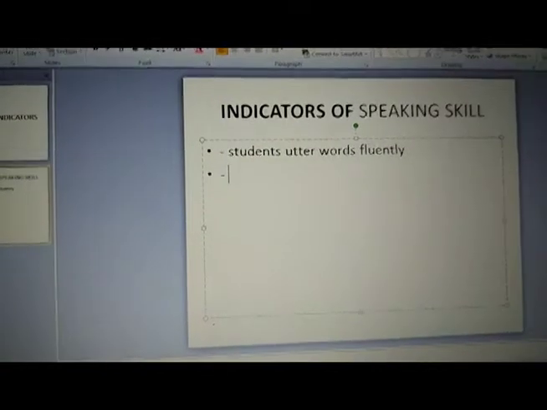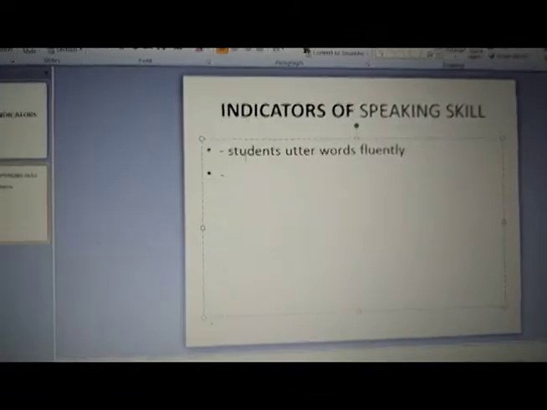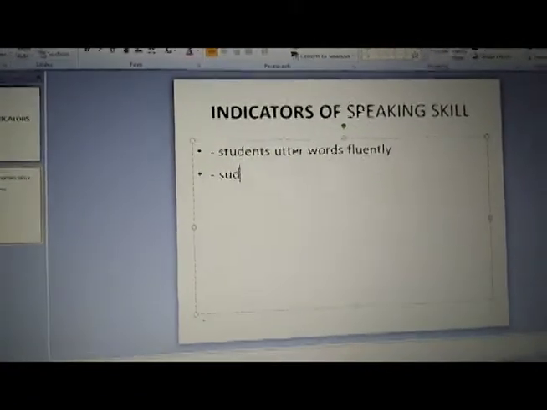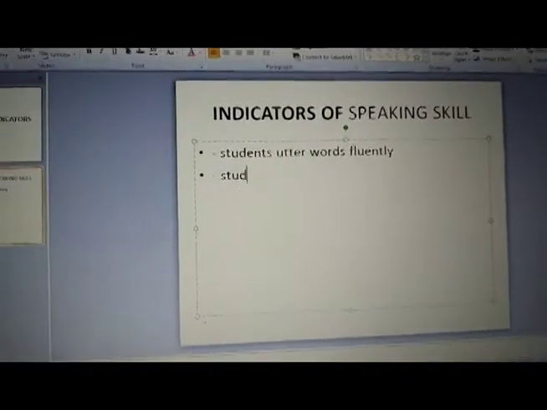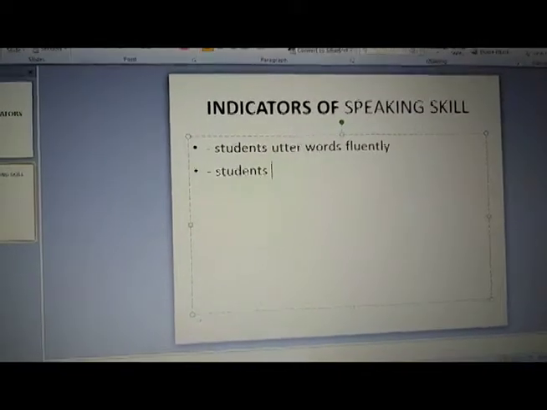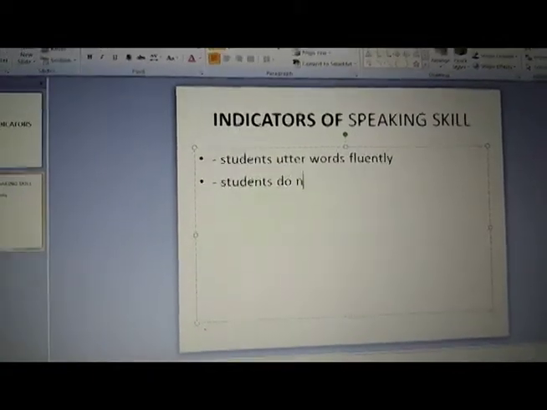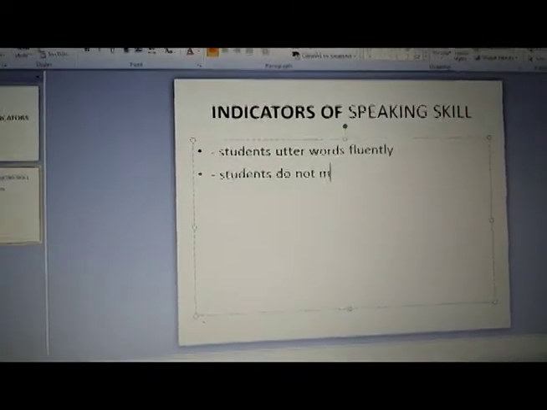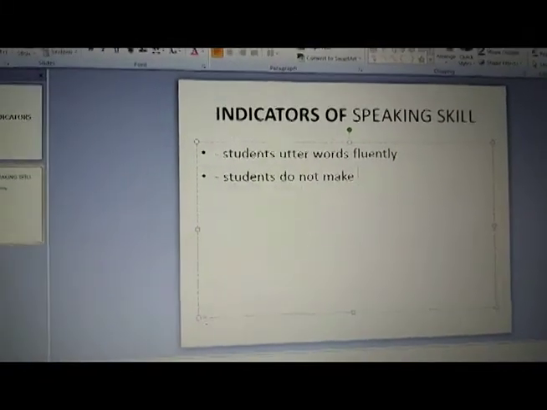This is the example of indicators of speaking skill. Students utter words fluently. Students do not make grammatical errors. This is just an example. You have to find from an expert, whether in Google or in other references.